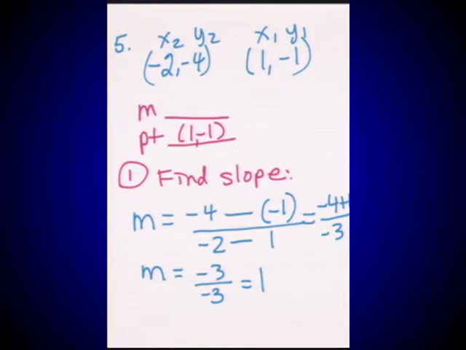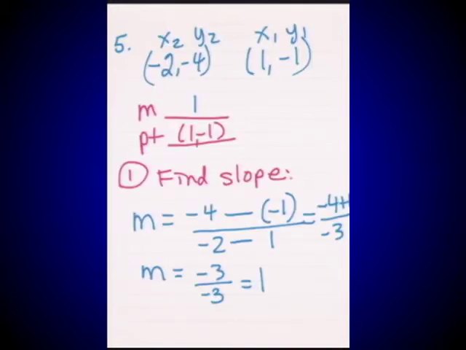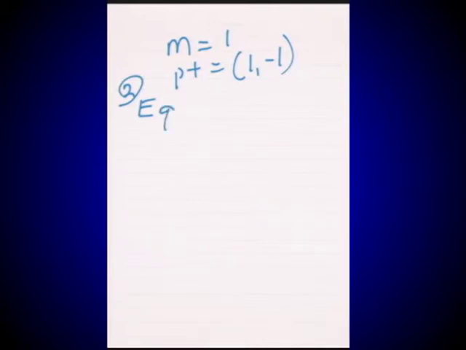Okay, after we found the slope, we can use the point slope form to write the equation. So I'm going to go to the next page and write down what we have. We have slope 1, point (1, -1). So slope equals 1. Our point is (1, -1). Okay, and we're ready to write the equation now. So that's our second step. We found the slope.